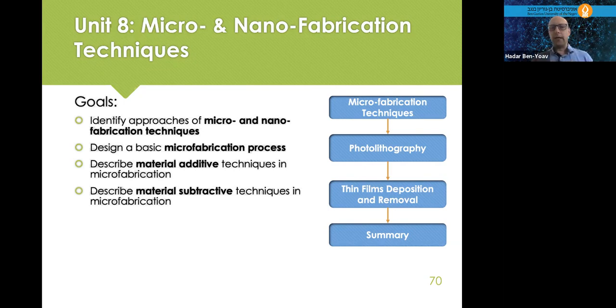Then how we can have different additive techniques to put the gold, for example, or other materials, and then how we can subtract or remove specific areas of the material to make our device how we would like it to be.